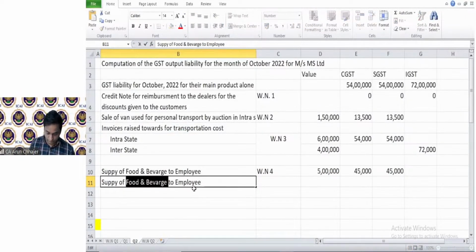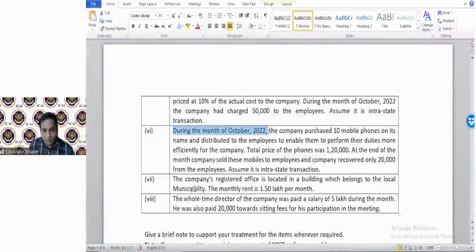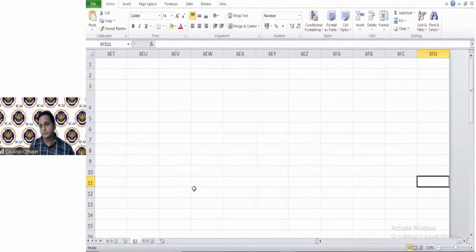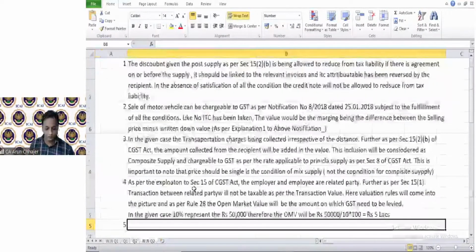Supply of mobile to employees, working note number 5. I can say 10 lakh rupees. No, sorry, amount is 120. Intrastate supply. What is the working note 5?